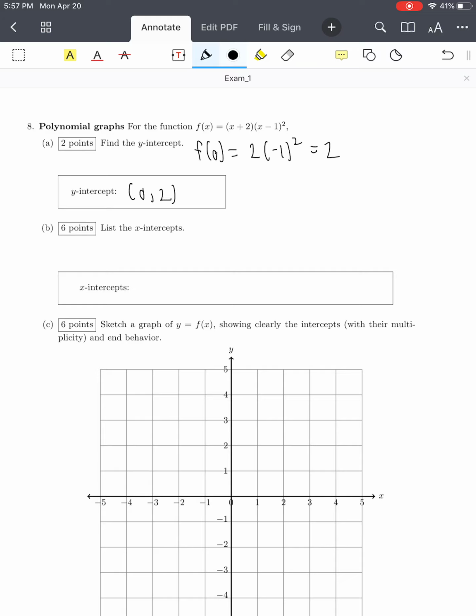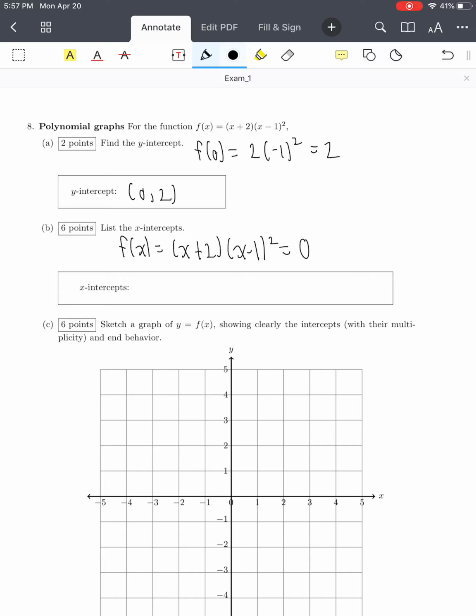Now to find the x-intercept, usually it's a little bit more work, not too much. Instead of plugging in 0 for x, we set the entire thing equal to 0. So this tells us that whatever x's make this function equal to 0 is an x-intercept.